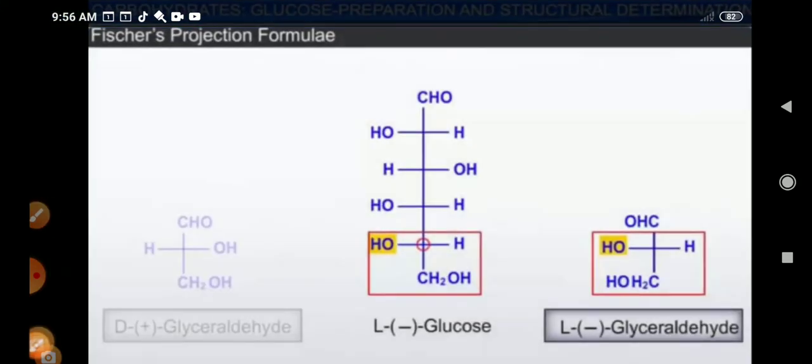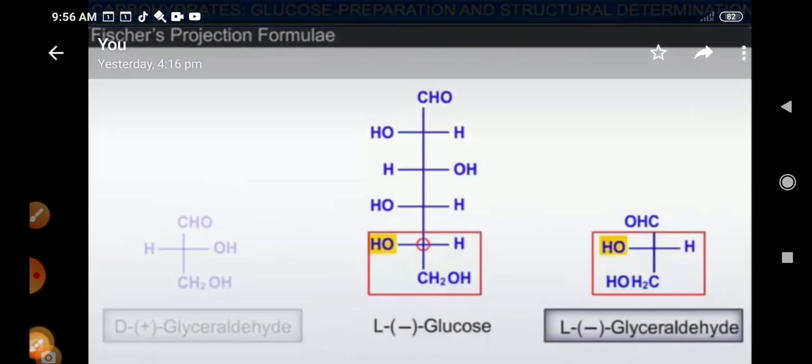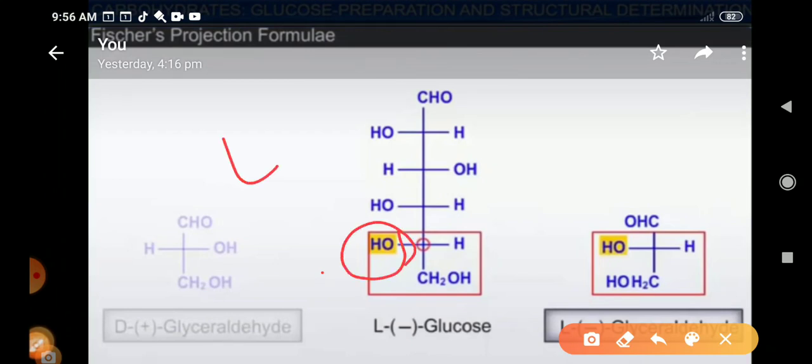In L configuration, the OH is present on the left side. Then such a configuration is called L form. So there are two configurations we have learned here, that is L form and D form.